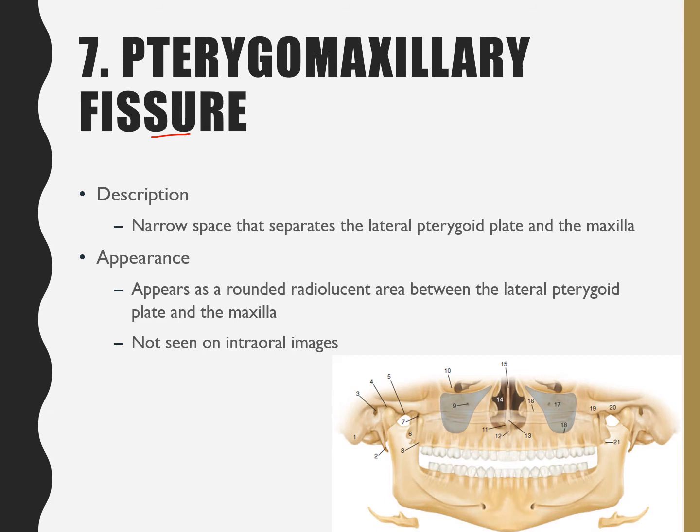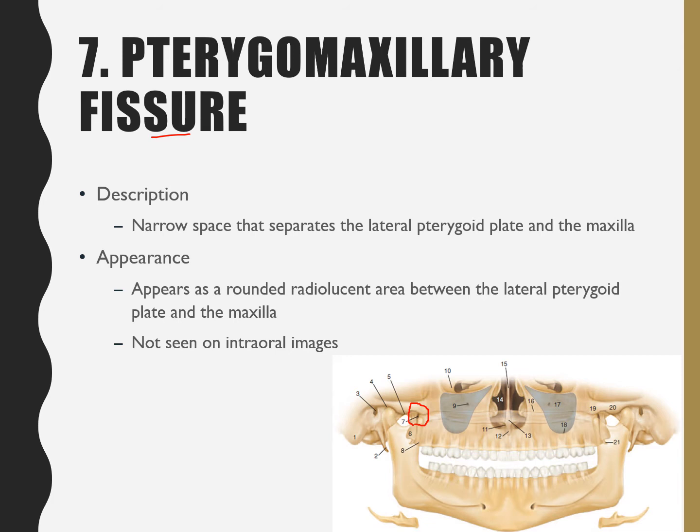It's number 7 right here. It's this little sort of teardrop shaped or ovoid shape that is where the lateral pterygoid plate and the maxillary bones touch one another, right? It's where they meet up. And typically the zygoma is often over it, so you don't get to see it very well, but every once in a while you will.